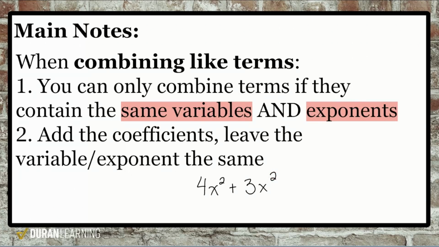So that's going to allow us to add these together. And so what we'll do is add the coefficients, the 4 and the 3. We'll add those together, giving us 7x squared. Again, leaving that variable exponent combination the same. My party people, does that make sense before we continue?